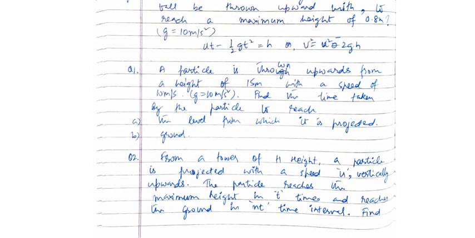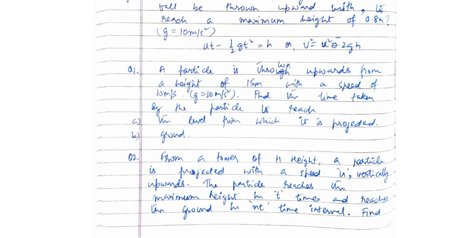That means it is somewhat the same case as in the previous question. Now the particle reaches the maximum height in t time. Maximum height means that when we are throwing it vertically upward, we are seeing where the particle is at maximum height from us, and not only from us, from ground.